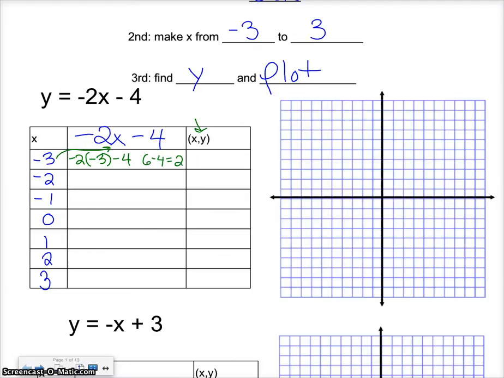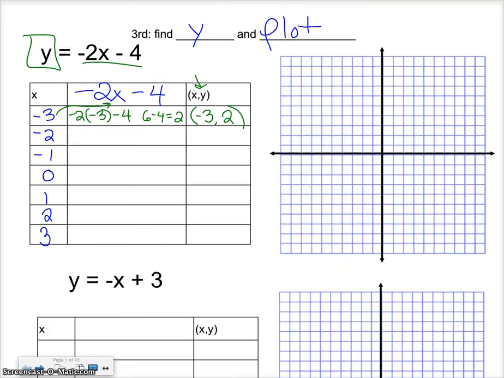That's my y, because y equals whatever that expression is. So my point is (-3, 2). You can either plot it right away or plot them all at the end. I don't care what you do. We'll plot it at the end.